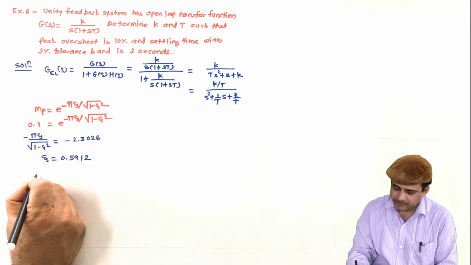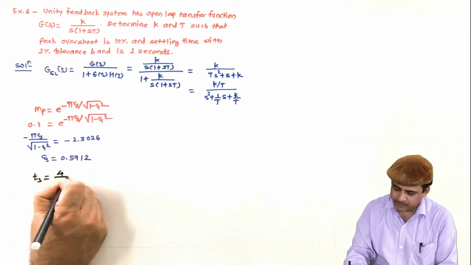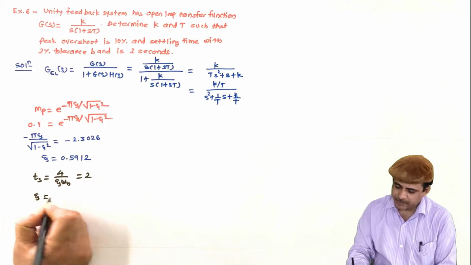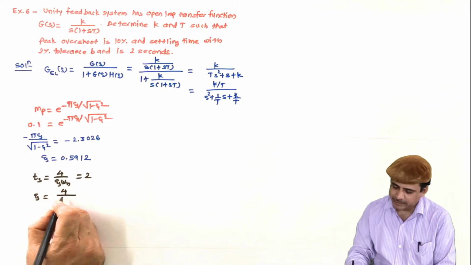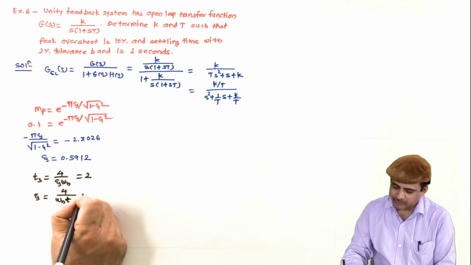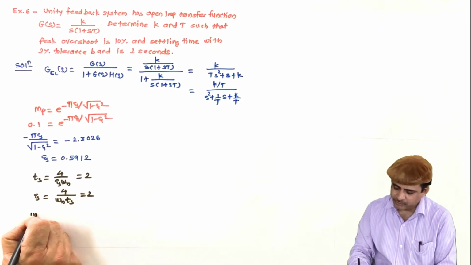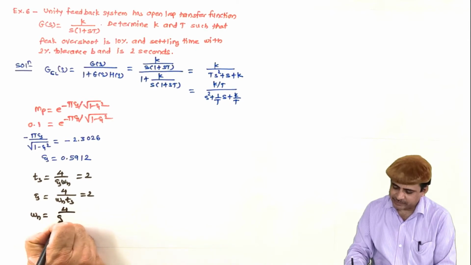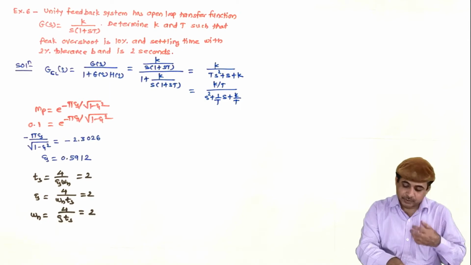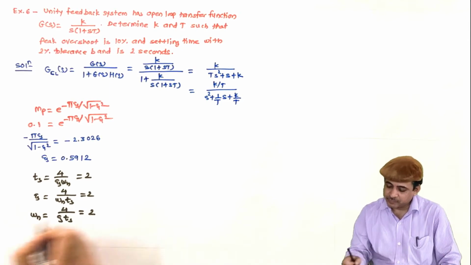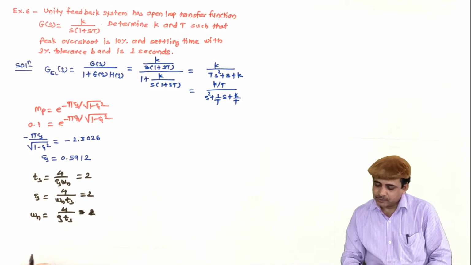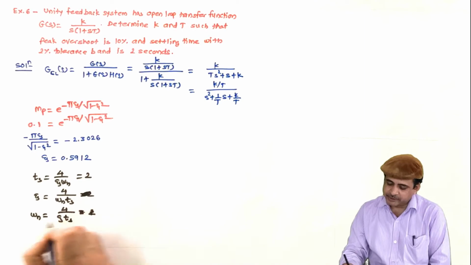Next, we are given Ts, that is 4 upon zeta omega n equal to 2. So omega n is equal to 4 by zeta Ts. Ts is 2.